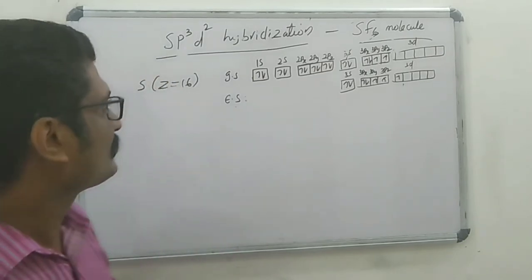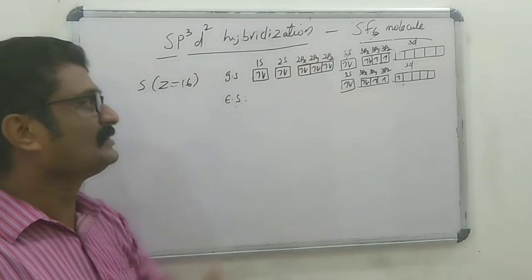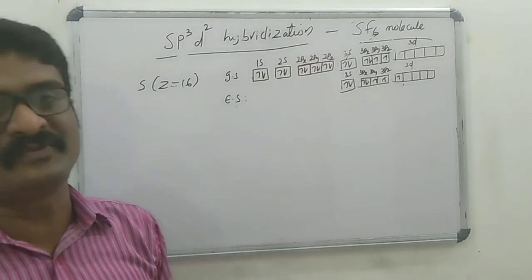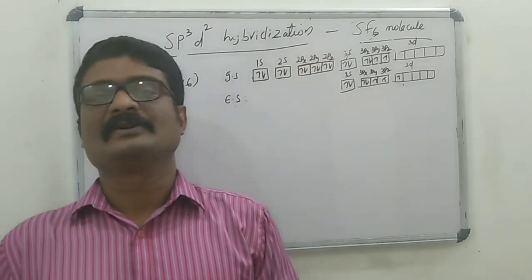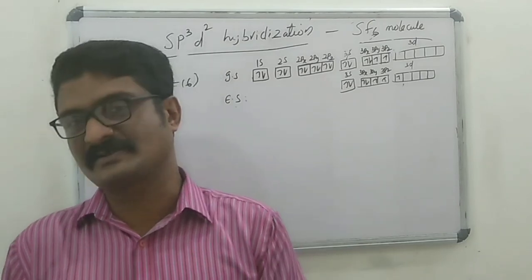Then, yes, here the sulfur combines with 6 fluorine atoms. Then the valency of sulfur must be 6.